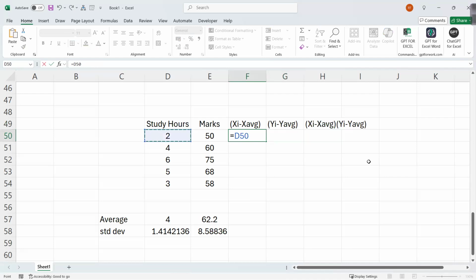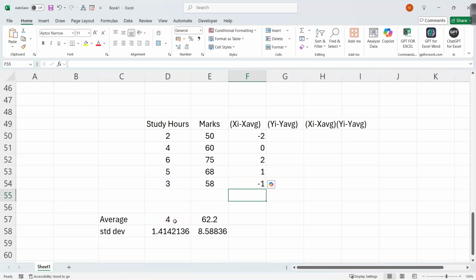So Xi minus X average is what? This minus this, this minus this, this minus this, this minus this, and this minus this.